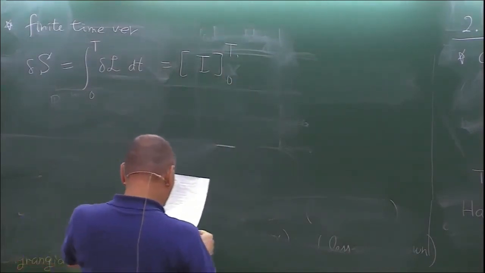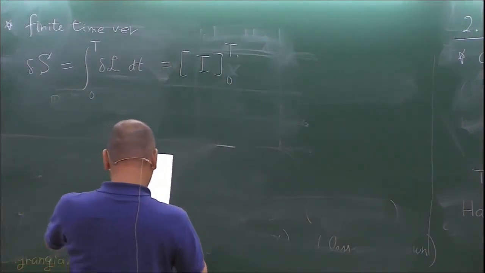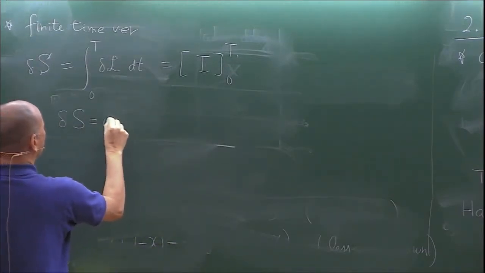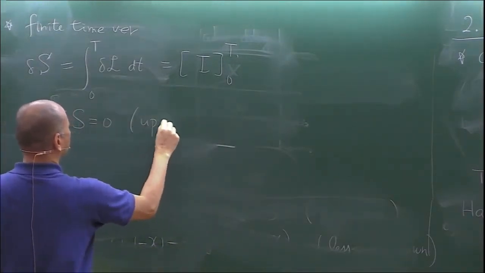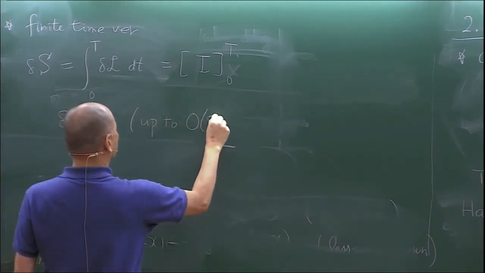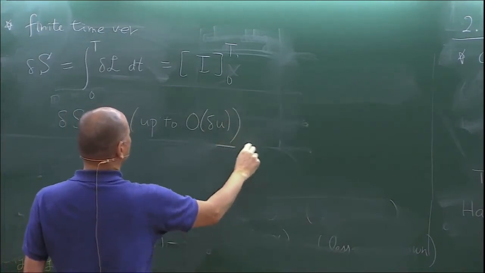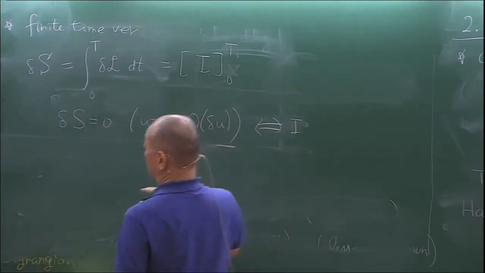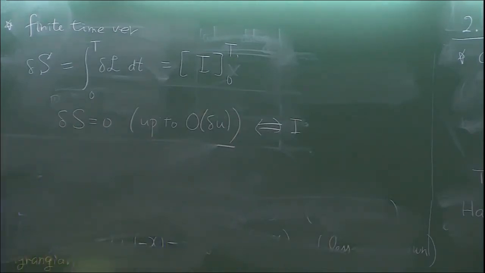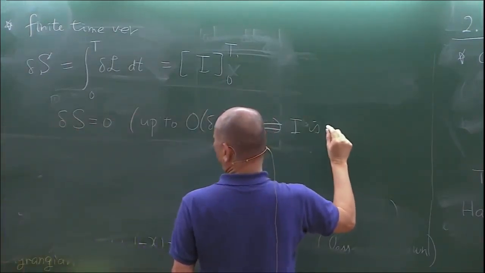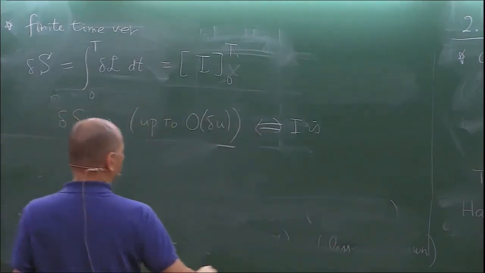And so it means this quantity is 0 up to first order of your change if and only if this quantity, which I wrote I, is periodic.